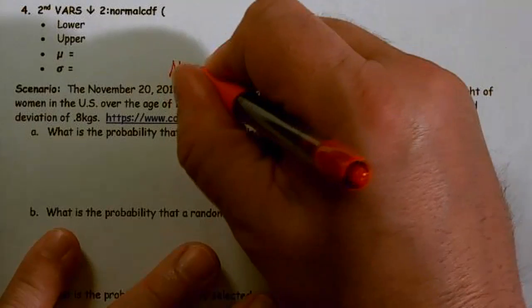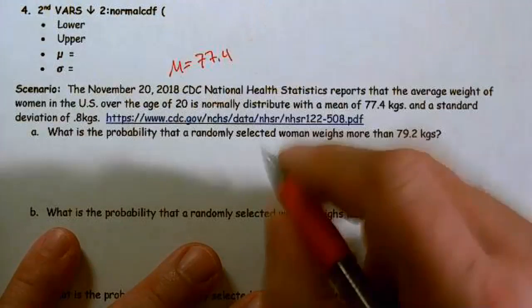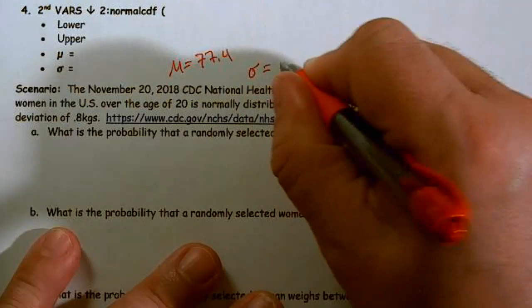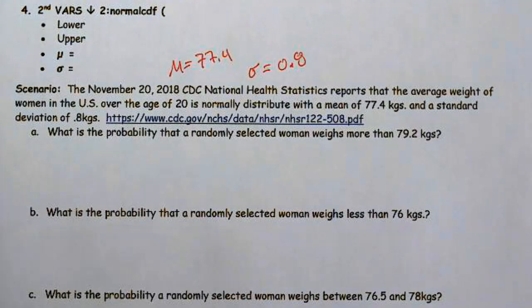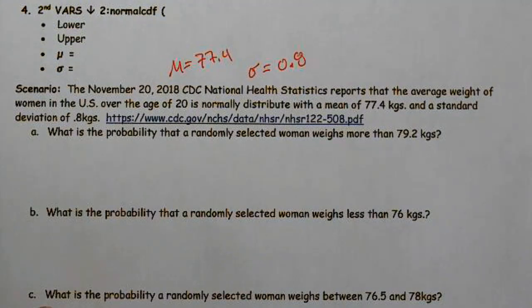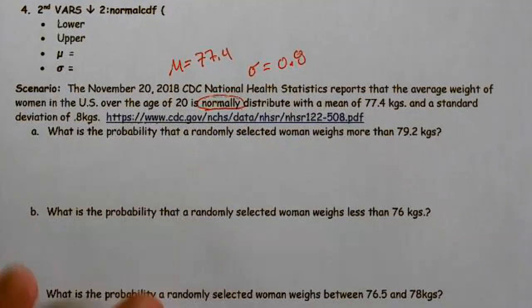So we have a mean equal to 77.4, a standard deviation equal to 0.8. And by the way, this really is real data. This is not made up. And they tell us it's normally distributed. Because it's normally distributed, we know that we can use the normal distribution for this problem.